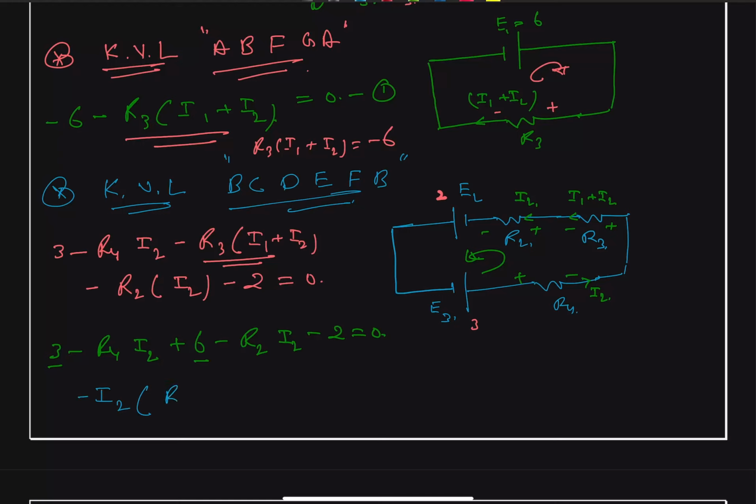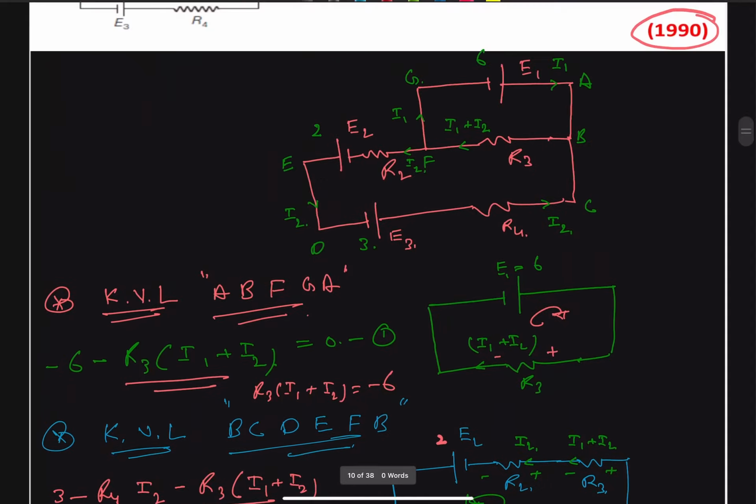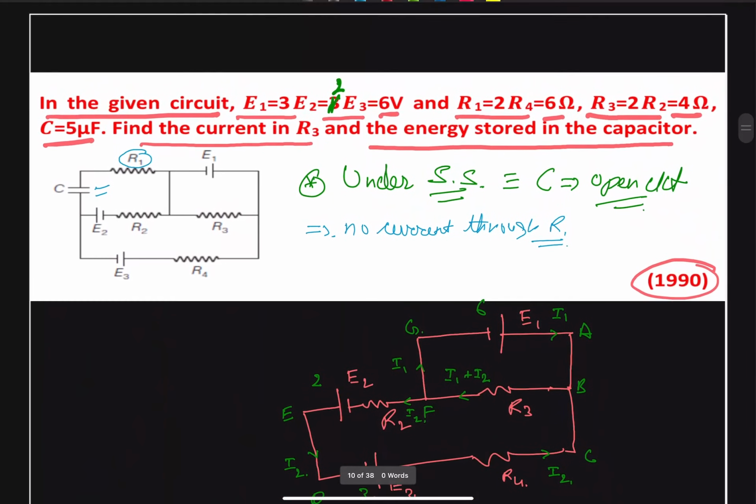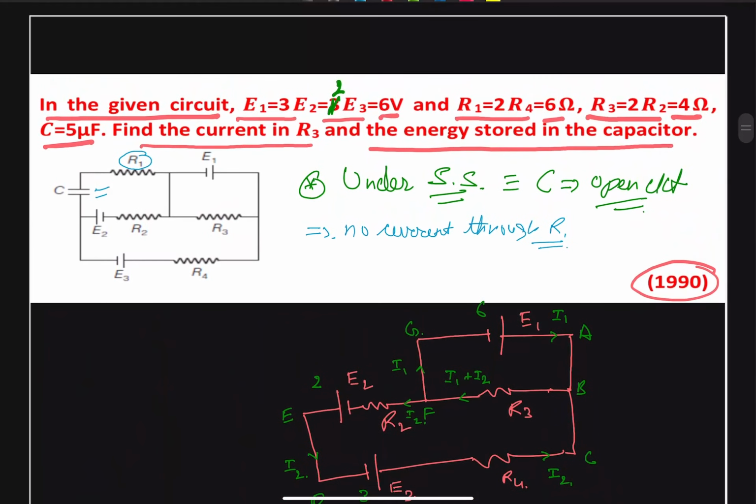So we get this as R2 plus R4 will be equal to minus 6 plus 2 minus of 3. Okay, so R2 and R4 is our 3 plus 2. Yes, so R3 is our 2 and R2 is also our 2.